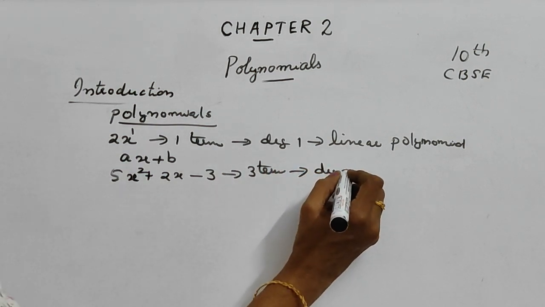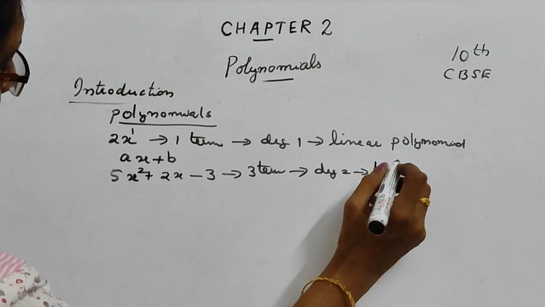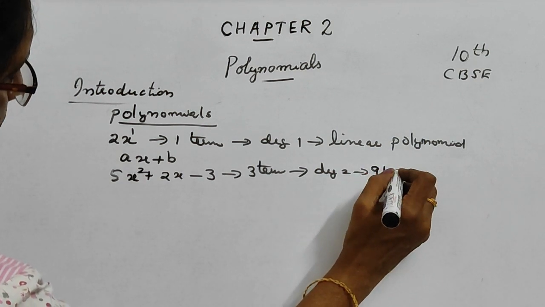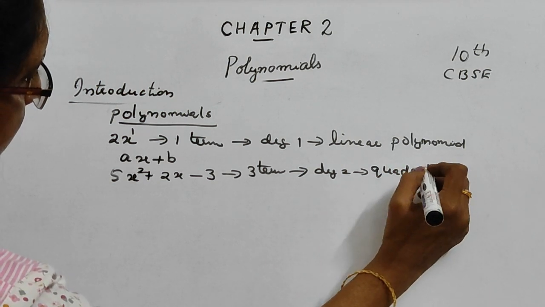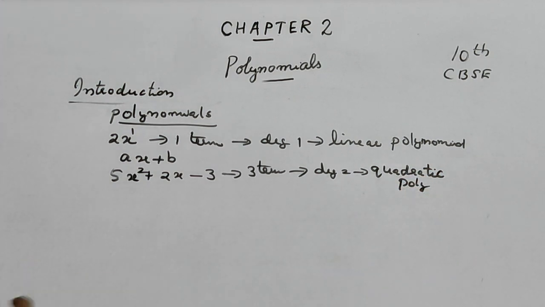We don't call it by the name binomial, but quadratic. Quadra means 2. Quadratic polynomial.